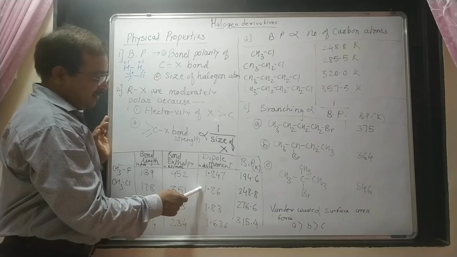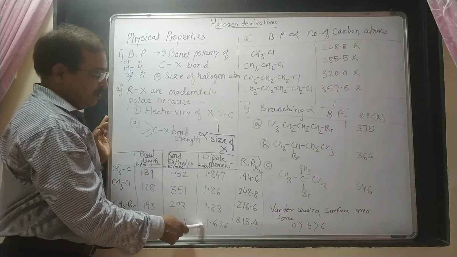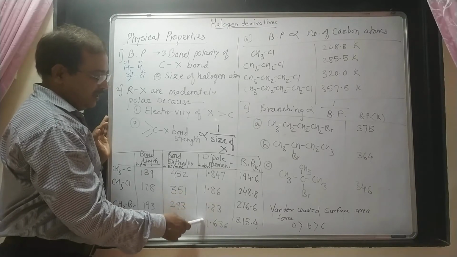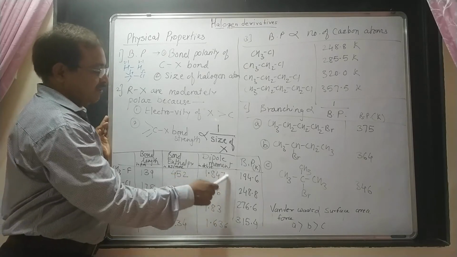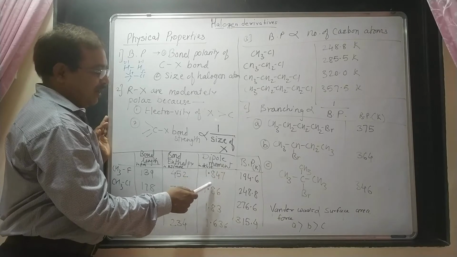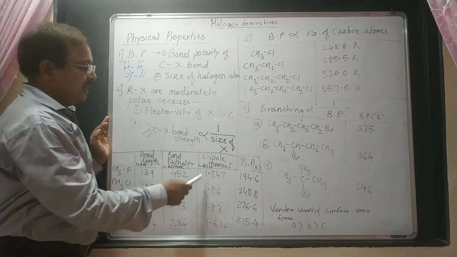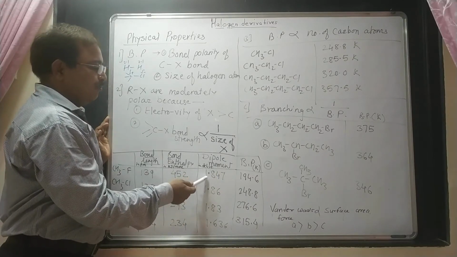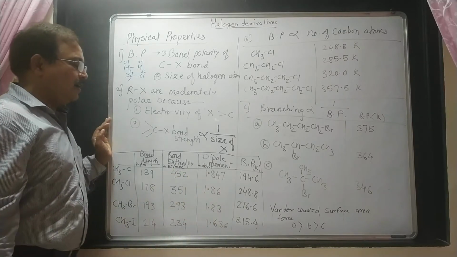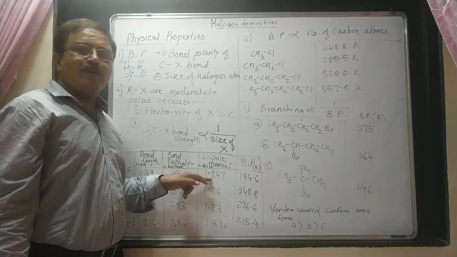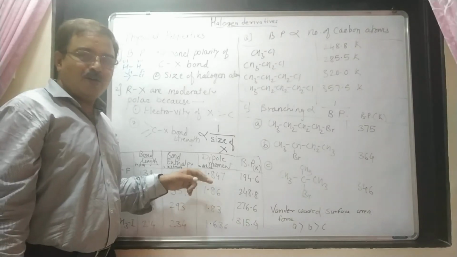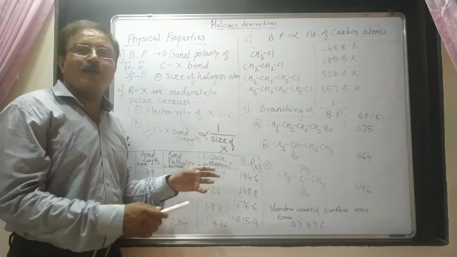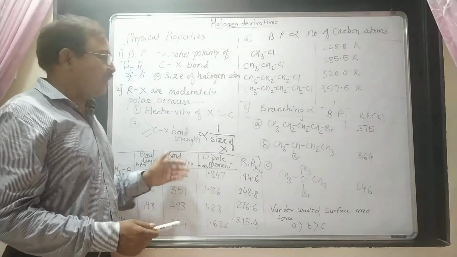Then the dipole moment in Debye goes on decreasing gradually. But here is the difference: chlorine has more dipole moment than fluorine, or we can say fluorine has less dipole moment, because there is a repulsion between non-bonding p orbital electrons, since these non-bonding electrons are closely spaced as the size is small.